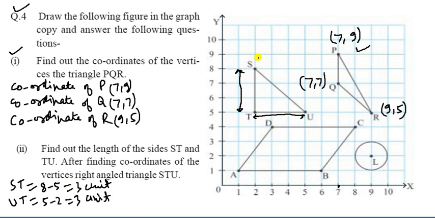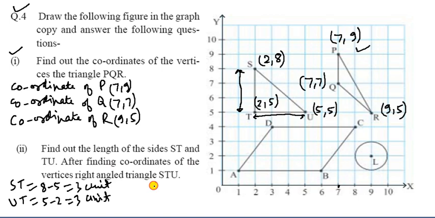Find the coordinates of the vertices of the triangle STU. Let us see what will be STU. So this one is STU. You have to see the coordinate of S. So how to represent? This one is 2. First on the x-axis, that is 2. On the y-axis, that is 8. So you have to write 2, 8. And what about the T point? T is first 2.